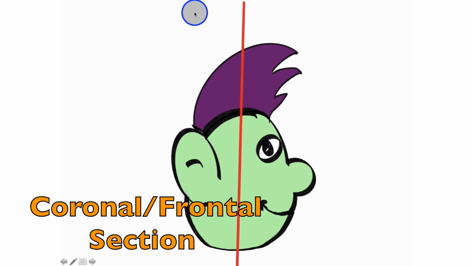But once again, this coronal section could be going fairly posteriorly on this head. So once again, it doesn't have to divide this structure into equal anterior and posterior portions. Nonetheless, the coronal and frontal section divides it into anterior and posterior portions. That is sections and planes.